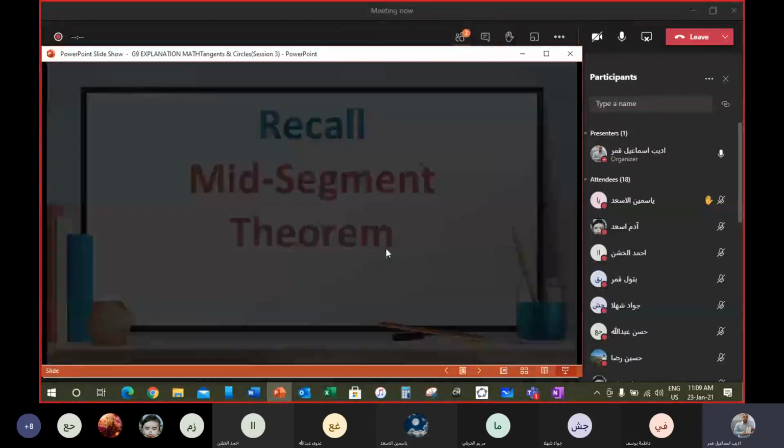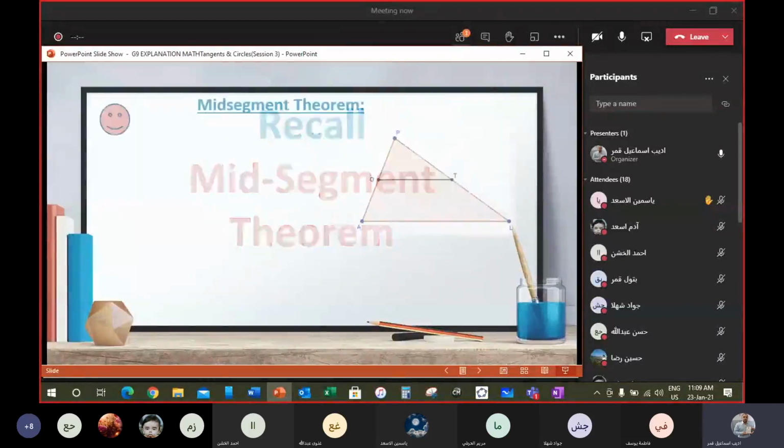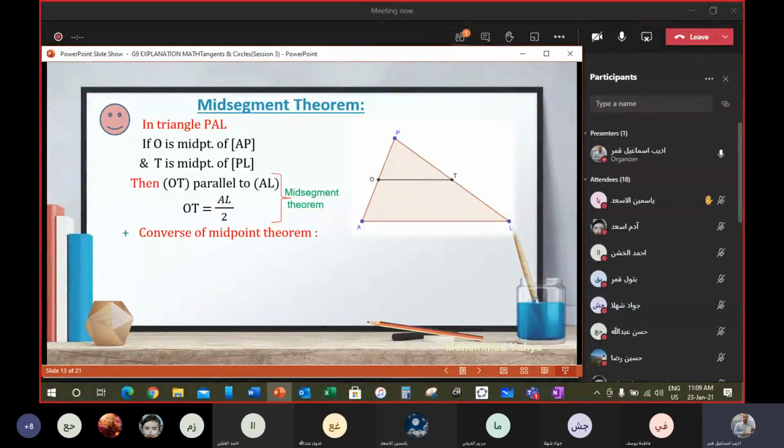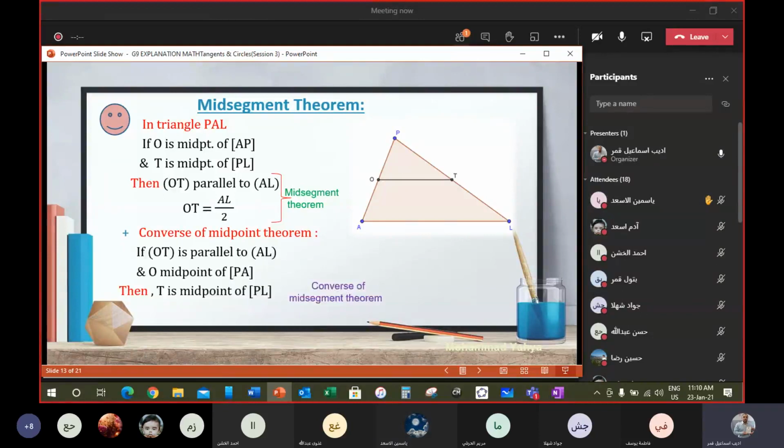In triangle PAL, if O is the midpoint of AP and T is the midpoint of PL, then OT is parallel to AL and OT equals AL over 2. This is the mid segment theorem. Its converse: if OT is parallel to AL and O is the midpoint of PA, then T is the midpoint of PL. This is the review of the converse of the mid segment theorem.